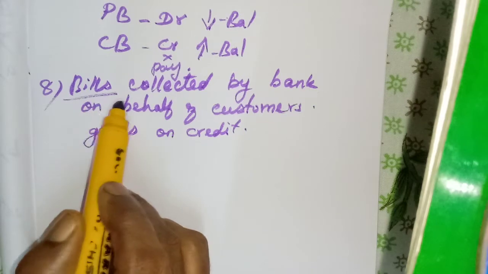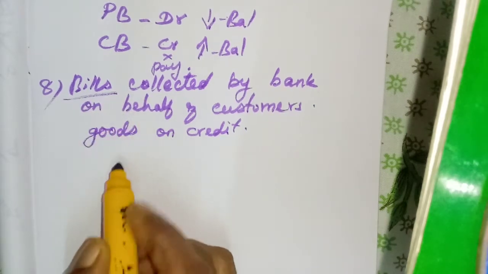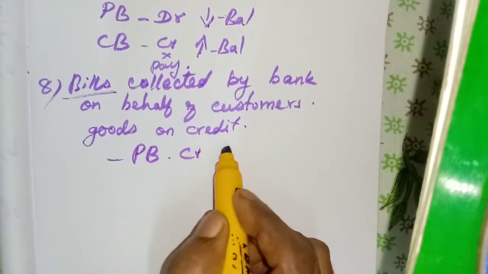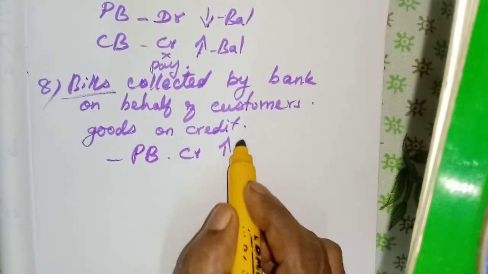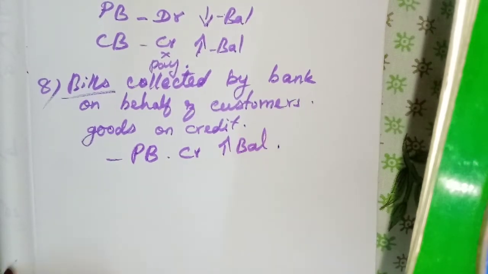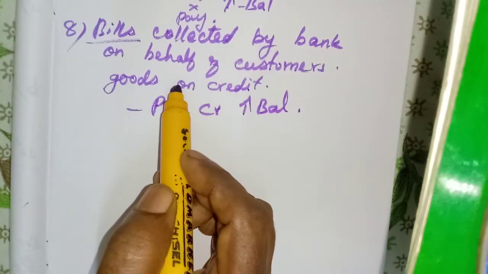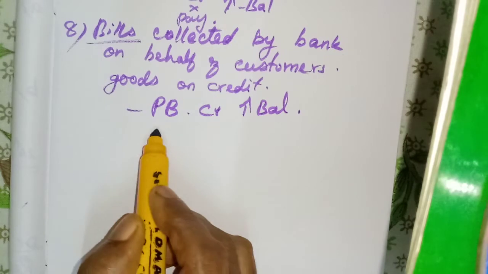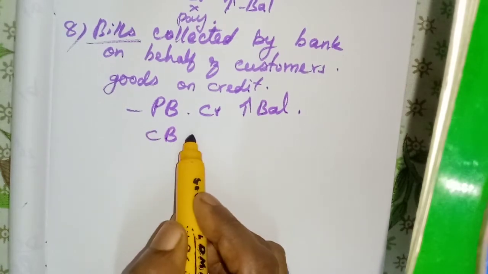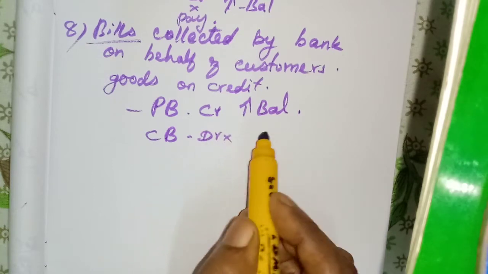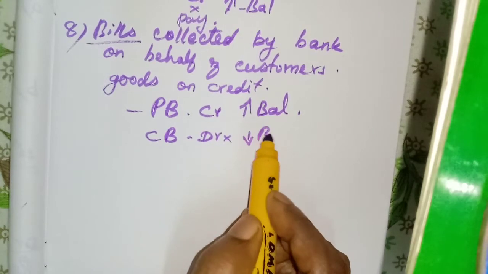So the first entry will be made in the passbook. They will credit, so it will show more balance, because the bills are collected by the bank. Here in the cash book we do not know, so we need to debit but we have not done so, and it will show less balance.